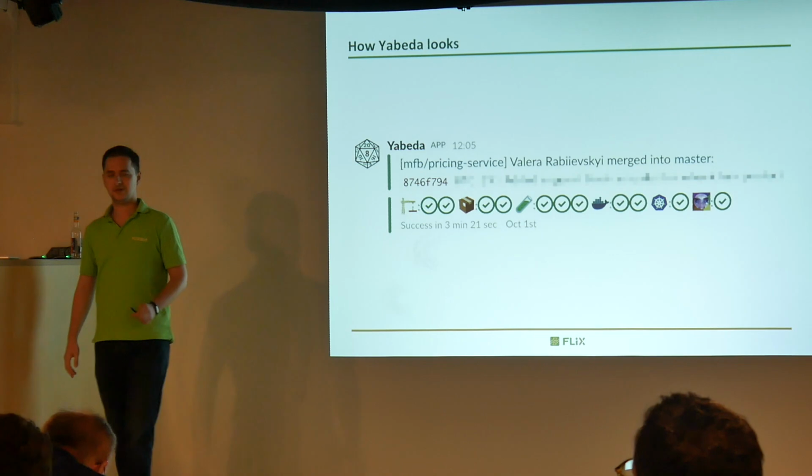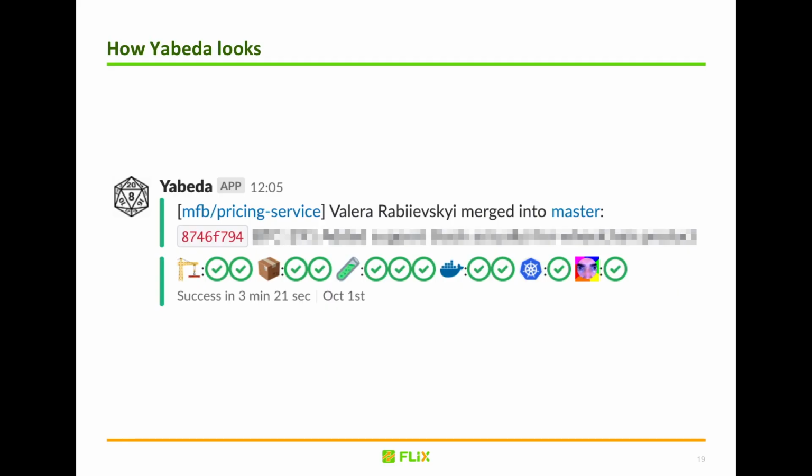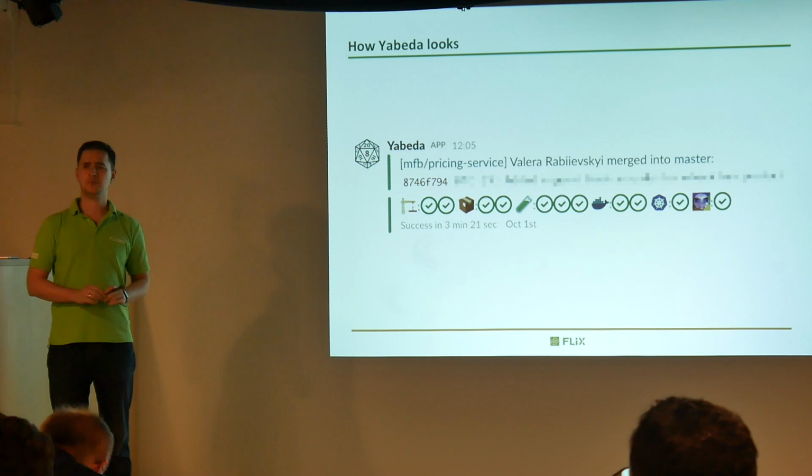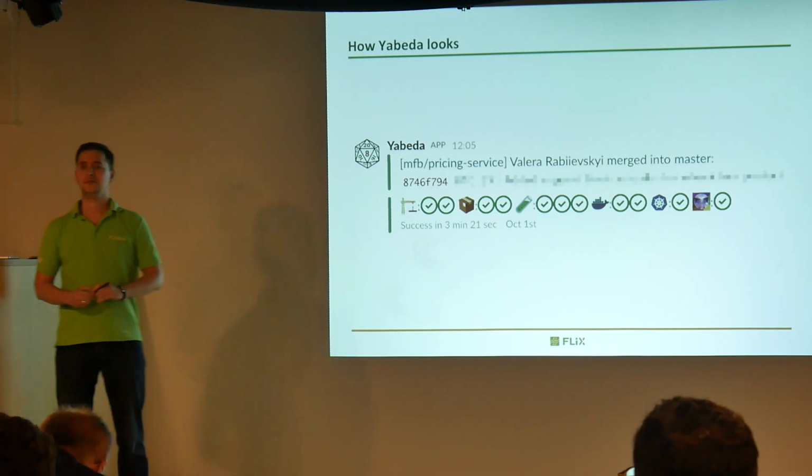No. I was thinking about trying to match somehow users from GitLab and users from Slack, and if something failed, to update this message to mention the user who triggered the commit, but it's not done yet.